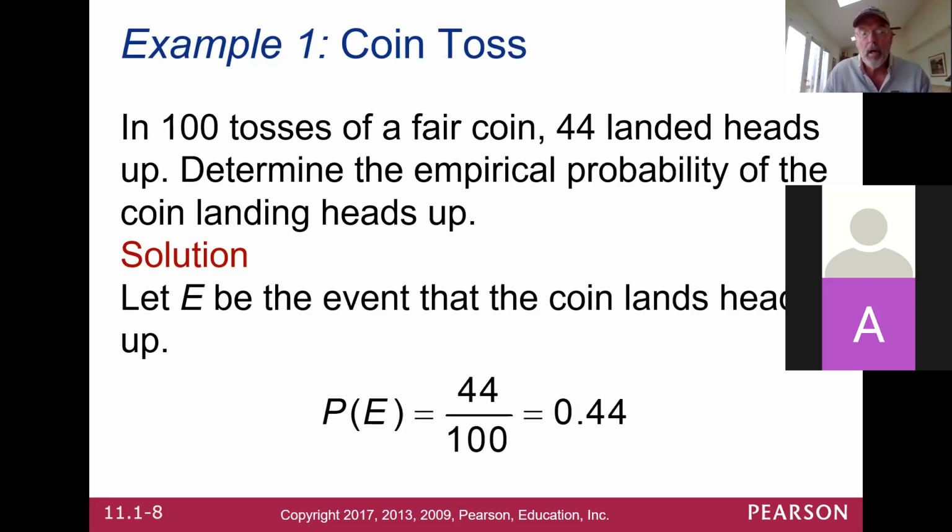Now the math is very easy there, and it shouldn't surprise you at all, but it does give you a sense of what a probability value might be. So that's the relative frequency, 44 over 100, and the probability is 0.44.